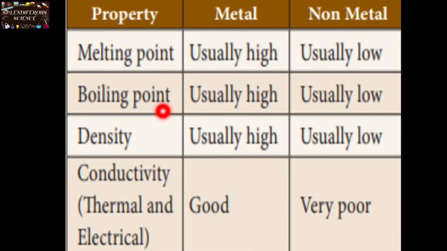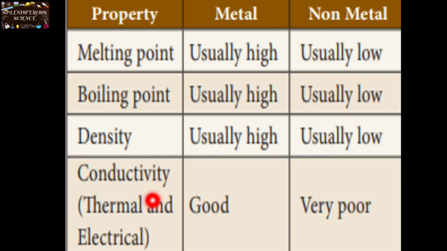Melting point and boiling point are usually high in metals and low in non-metals. Density is also usually high in metals and low in non-metals.